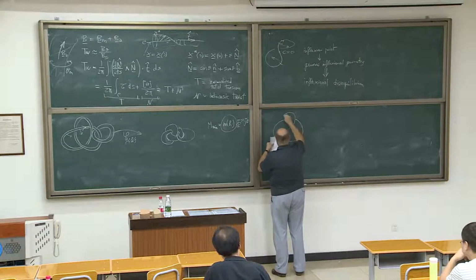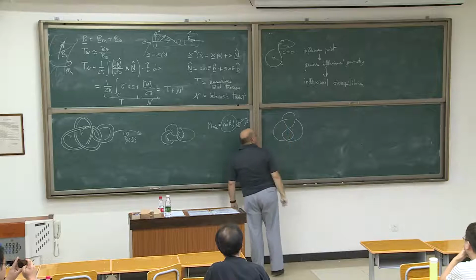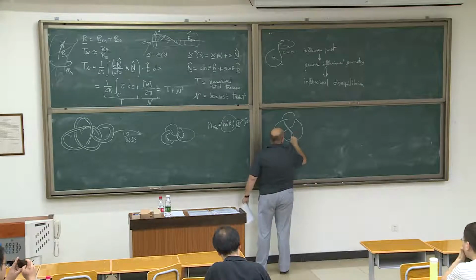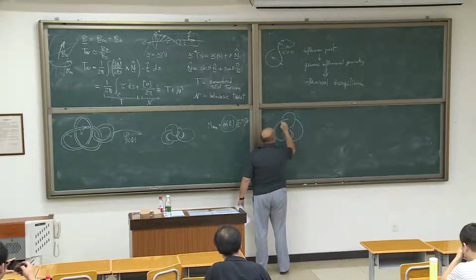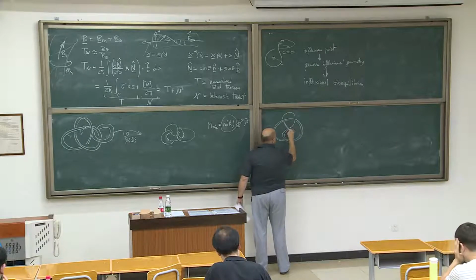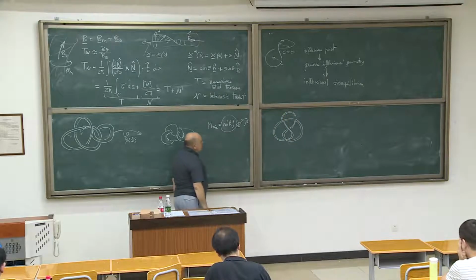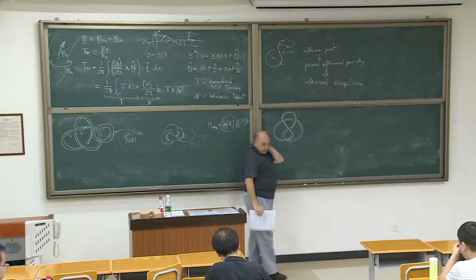Because it looks like an 8. Okay? I should put more thickness here just to emphasize the fact that it is really a physical knot. Okay? And this knot is a figure of 8.